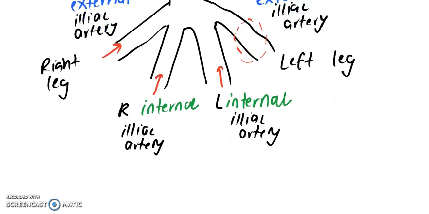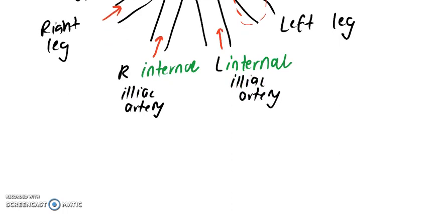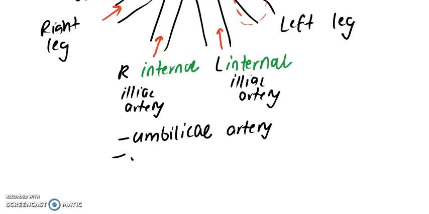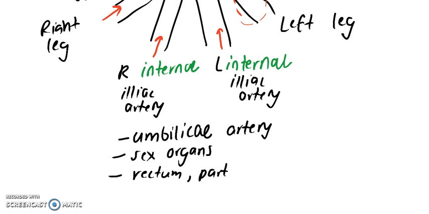So the internals are going to bring blood to the, well, it's going to become the umbilical artery, which flanks the bladder. It's going to provide blood to your sex organs, to your rectum, so this is part of your large intestine.